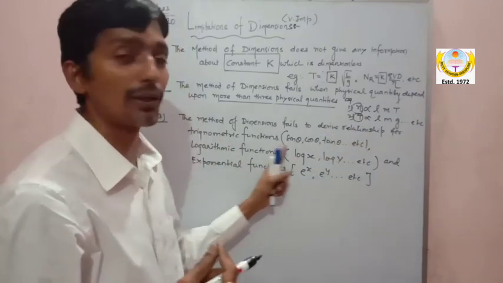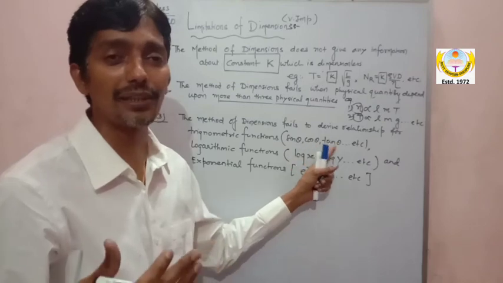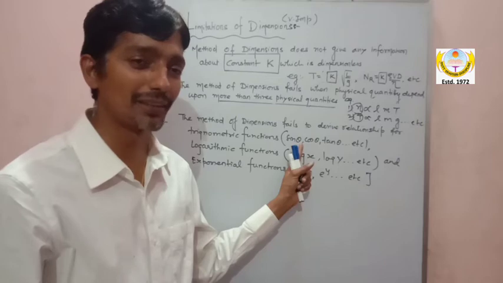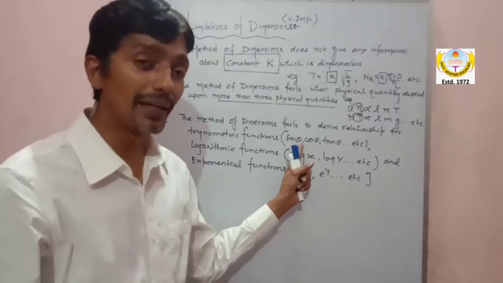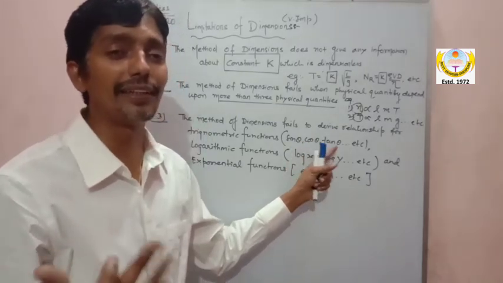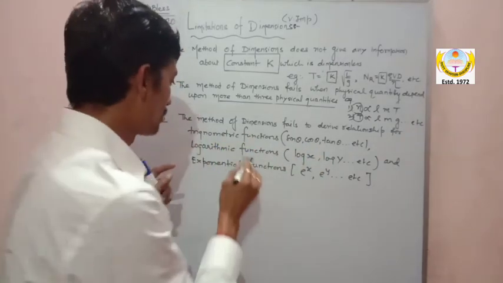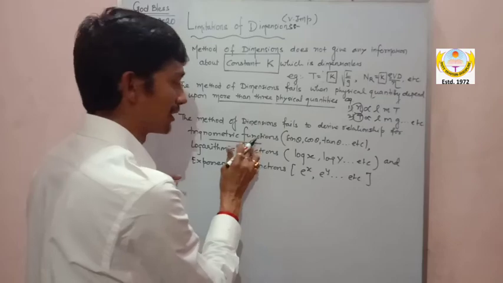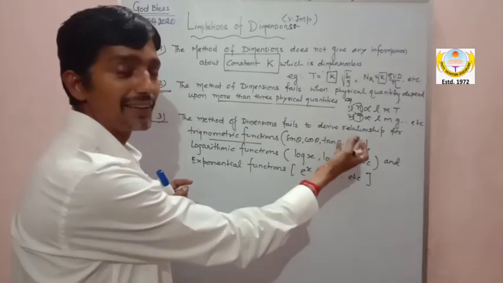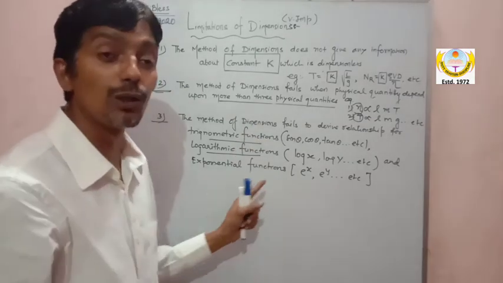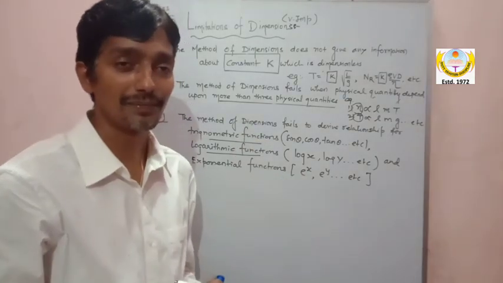And the last one, my dear: the method of dimension fails to derive the relationship for trigonometric functions. Now what is trigonometry? If there is sin theta, cos theta, tan theta, ultimately they are angles, and angles are dimensionless. So it becomes dimensionless. There is no method mentioned for these trigonometric functions, sin, cos, tan theta, etc. There is no method of dimension for logarithmic functions either.